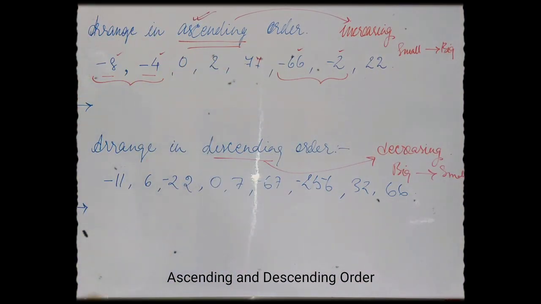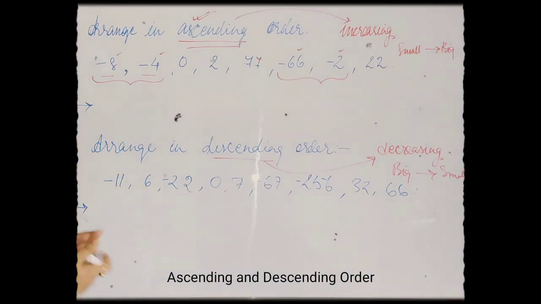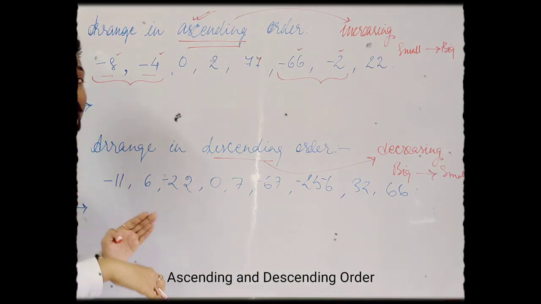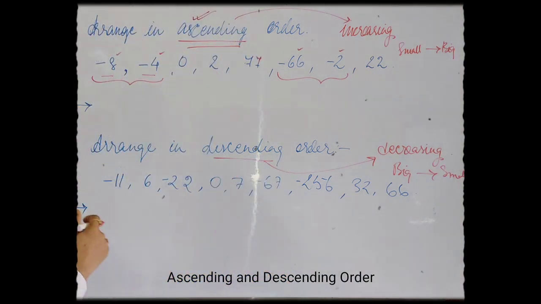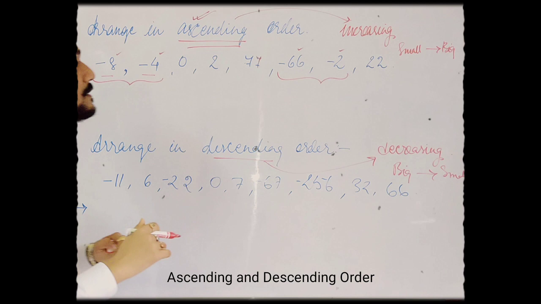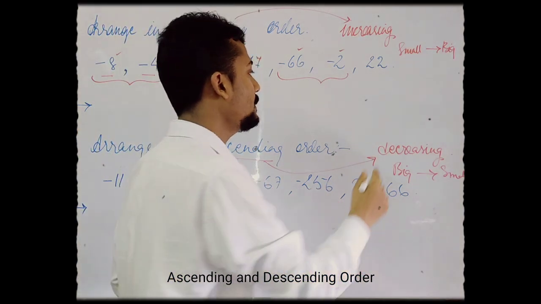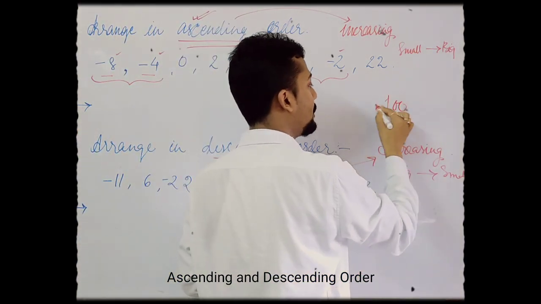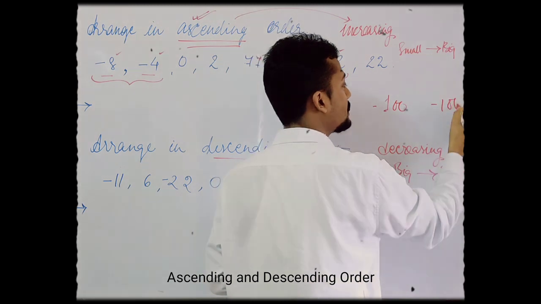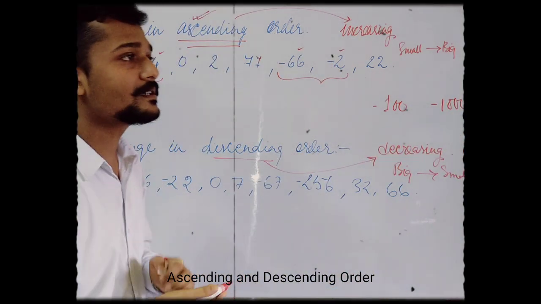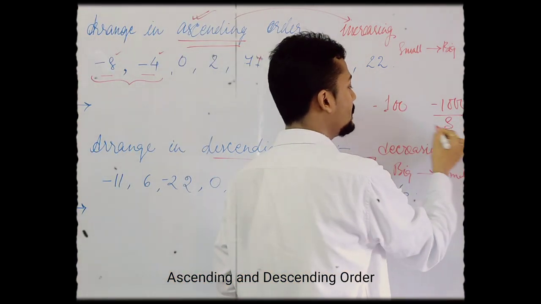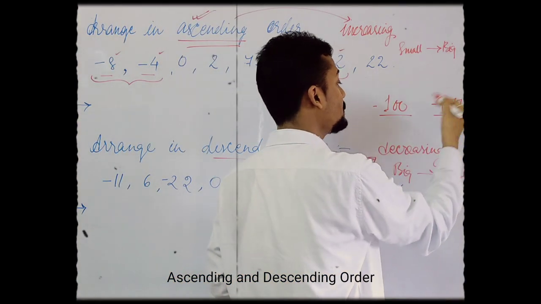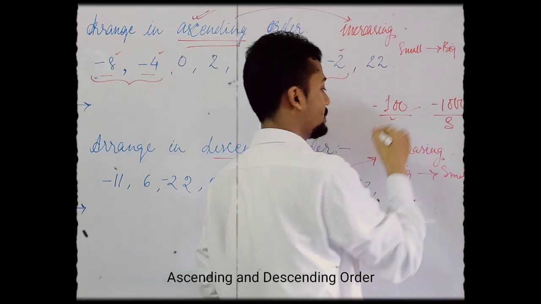Now we are going to compare between them first, then we are going to put them here. We need to find out the smallest among the negative. So which is smallest among the negative? In negative numbers, the bigger the number, the smaller it is. Say for example minus 100 and minus 1000. Minus 1000 is smaller than minus 100.